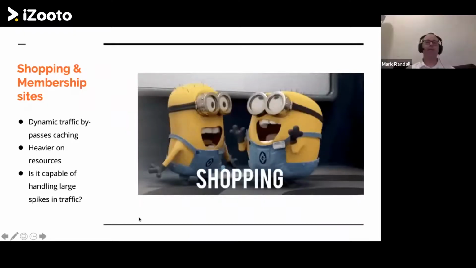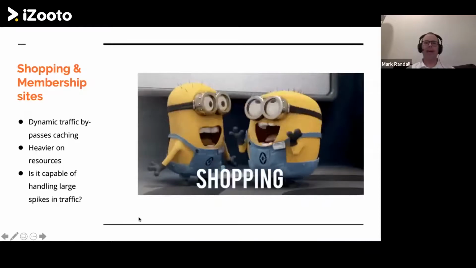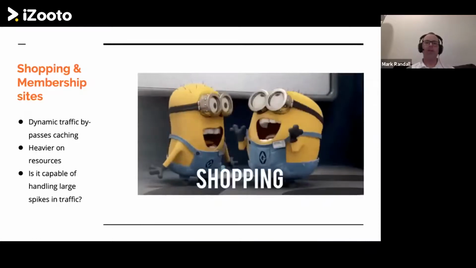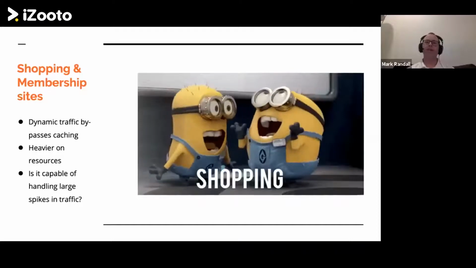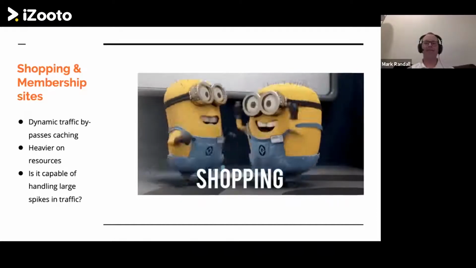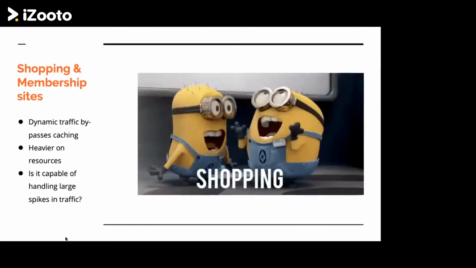So this goes back to the point I was making at the start, whereas emerging consumers are demanding more and more dynamic experiences and sites, that is putting more and more pressure on performance, because sites are driving more computational intensity. Correct.